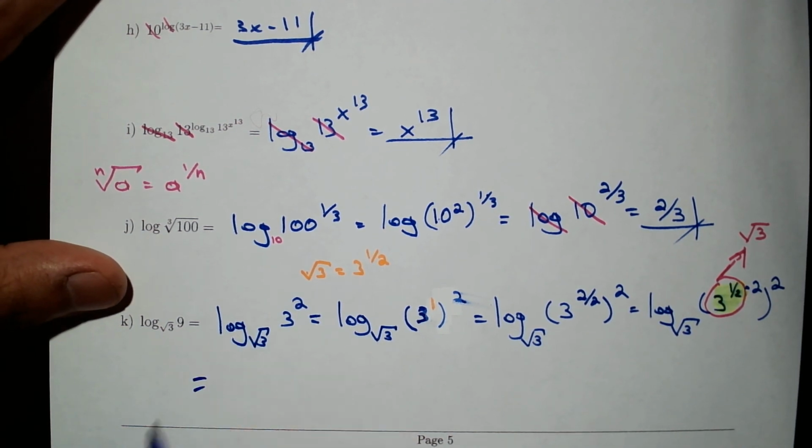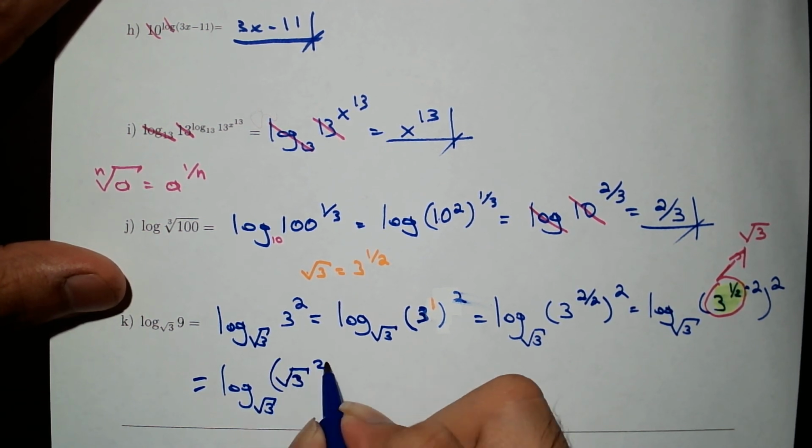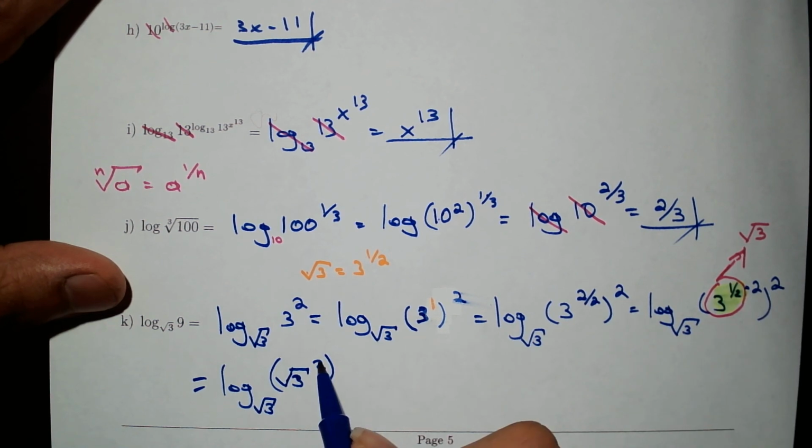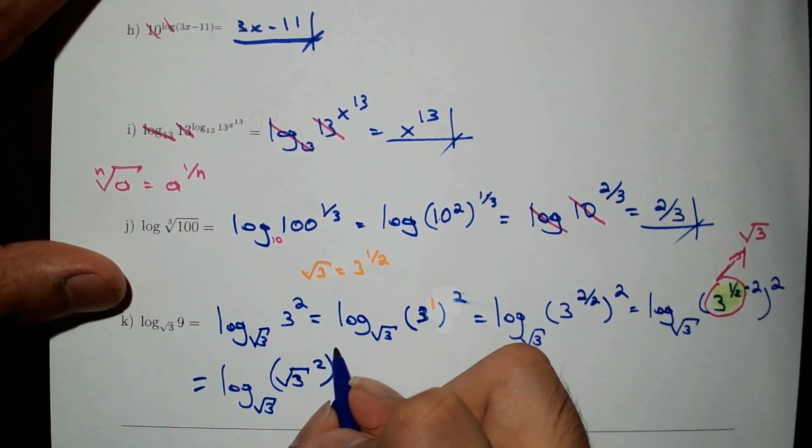All right, so log base square root of 3 will be the square root of 3 squared, which is this square that came from these two that remain there, and then that squared.